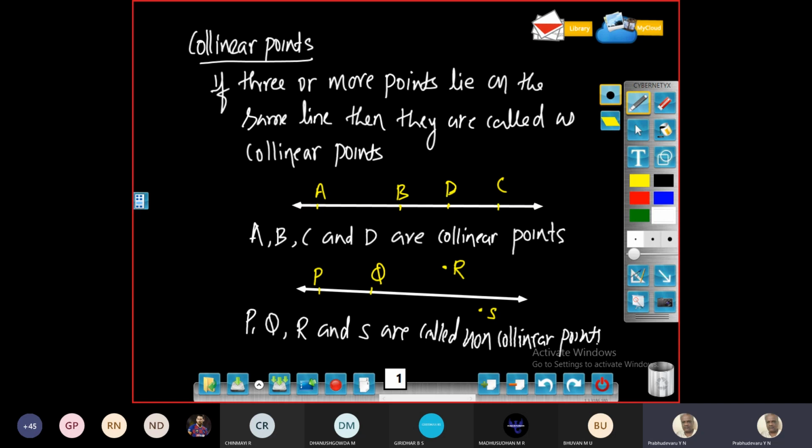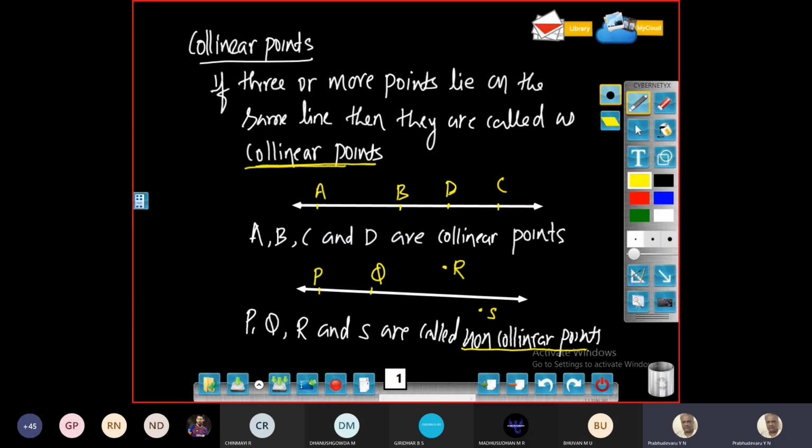We call them non-collinear points because they are not on the same straight line. If the points lie on the same straight line, then they are called collinear points. Otherwise they are called non-collinear points.